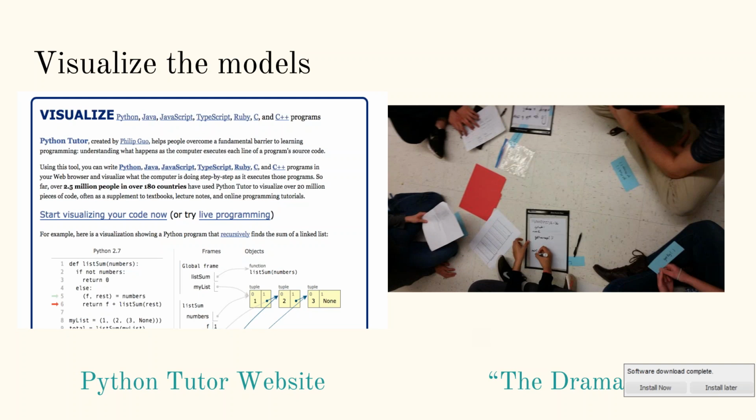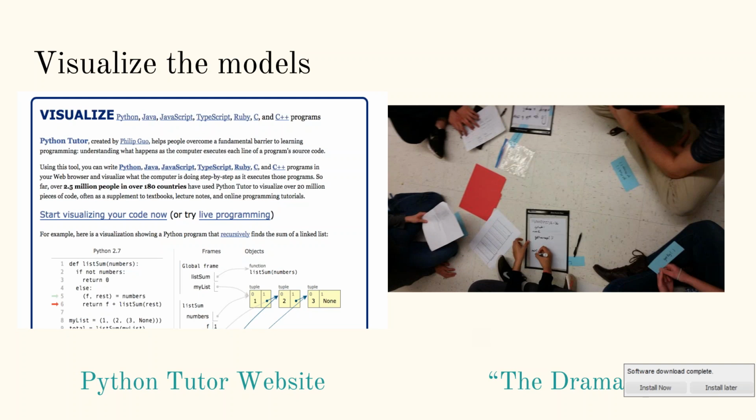And the way this works is that you cut and paste the code into this website, and you can execute each line one at a time, and the website will show you, you can see there on the right, the variables and the different values that the variables have as it's executing through the code. So it's a nice way for them to see the connection between memory and the code executing.